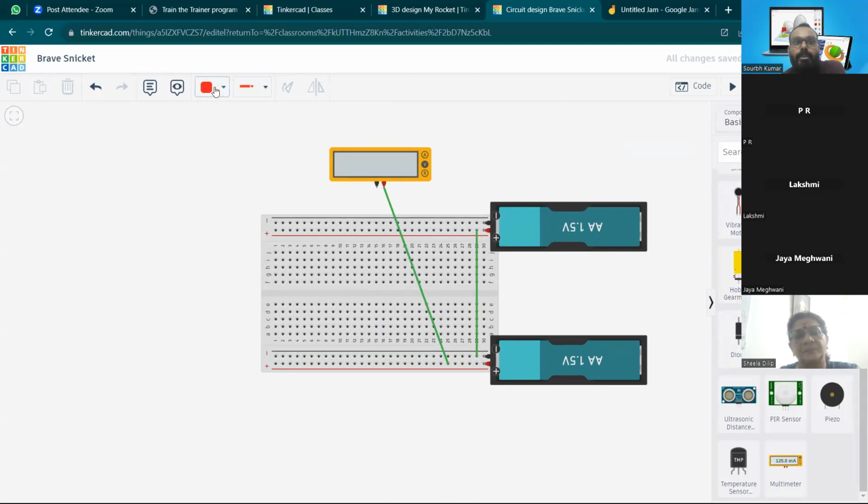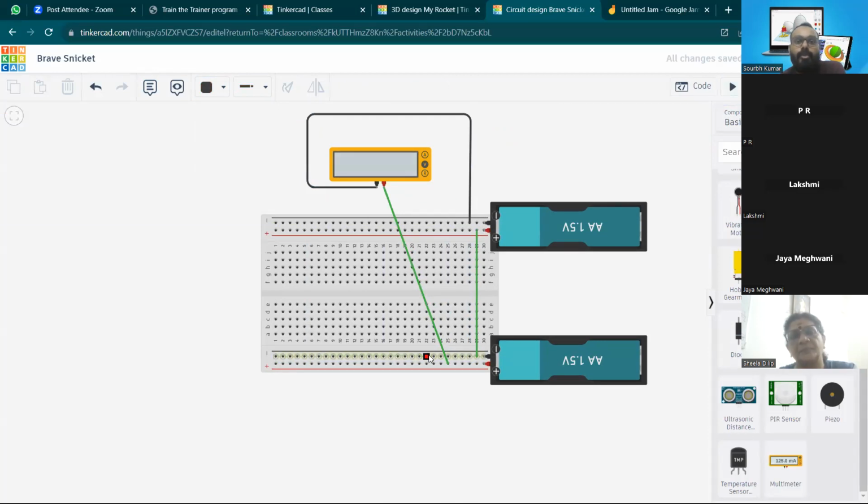I will connect, okay, not the red one. Red is representative of the positive terminal, so we won't use the red color in there. So now I'm connecting it in here. So let's hit the simulation. In combination, you will get 3 volt.